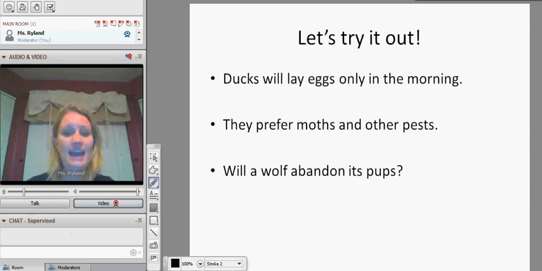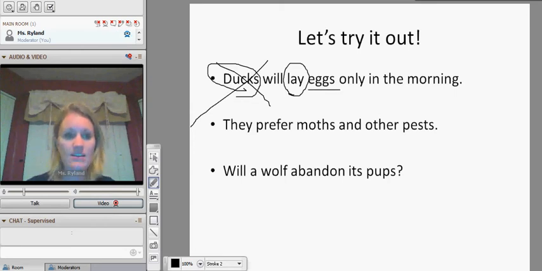So let's practice it a little bit. Ducks will lay eggs only in the morning. It cannot be ducks because that's before the verb. So here's the action verb. Bam, here's our direct object. They prefer moths and other pests. Here's our action verb.